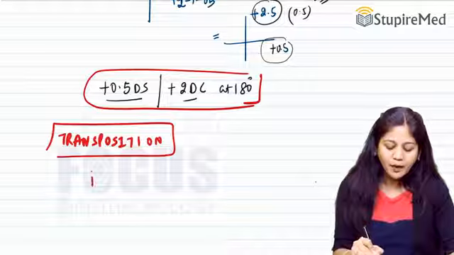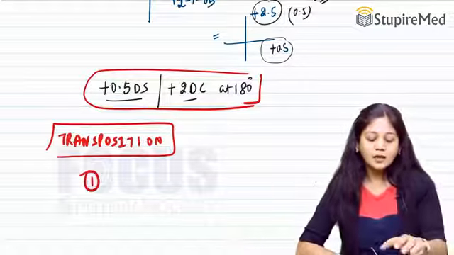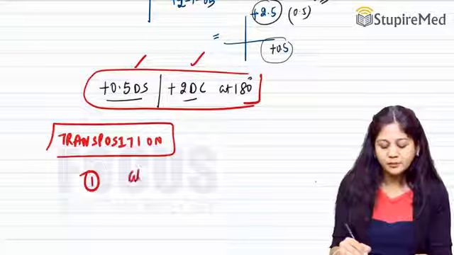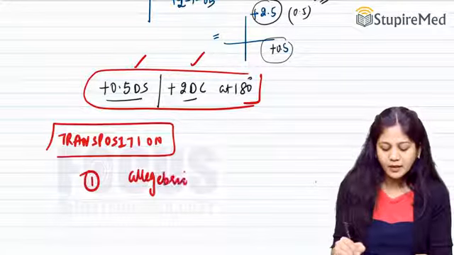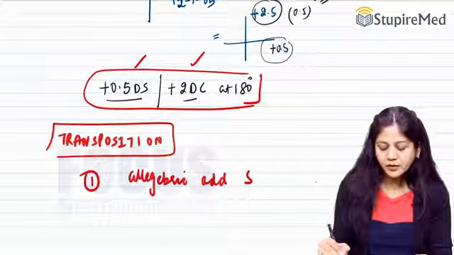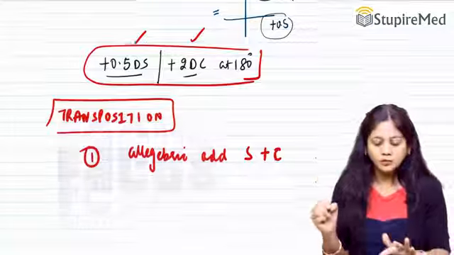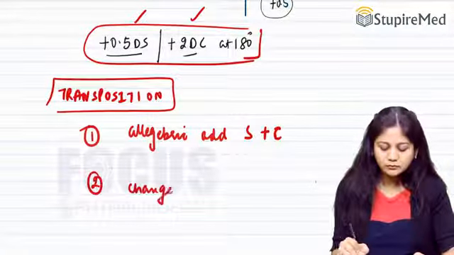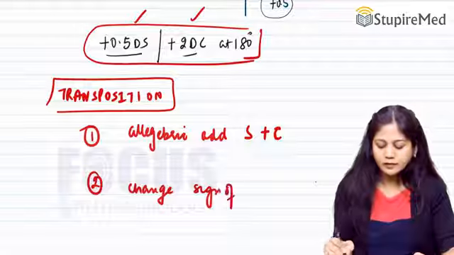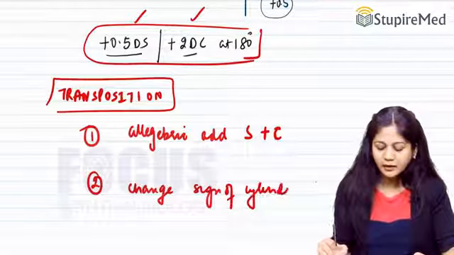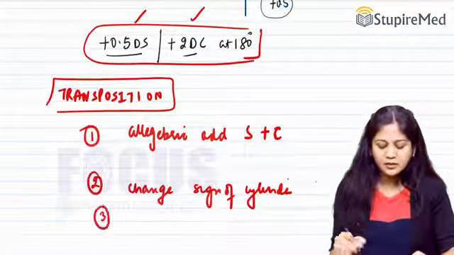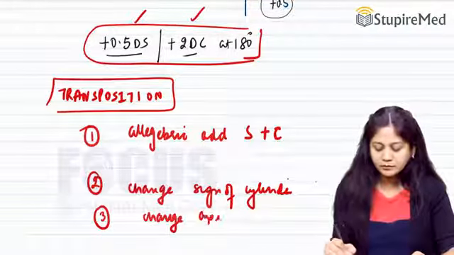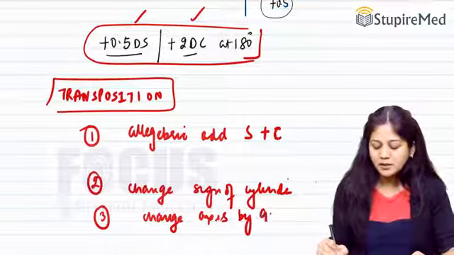Step number 1 in transposing is that we have to algebraically add the sphere and cylinder value. Second, you change the sign of the cylinder. And third, you change the axis of the cylinder by 90 degrees.